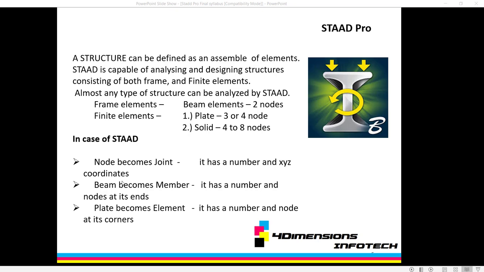Node becomes joint coordinate and it has a number and x, y and z. Beam becomes member, with nodes at its ends. It has a number and a node at each end. Plate becomes element. It has a number and nodes at its corners. In the future days you will get to know what is meant by node, beam and plate.